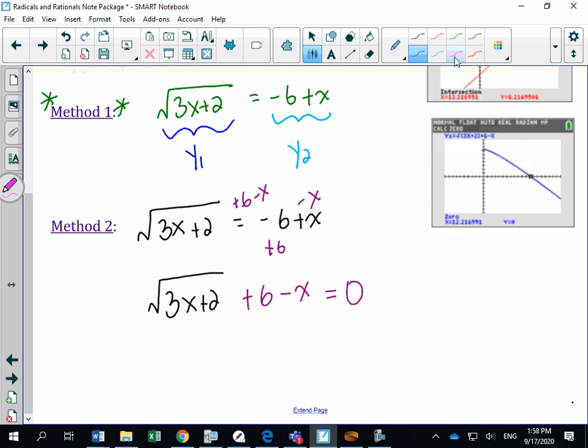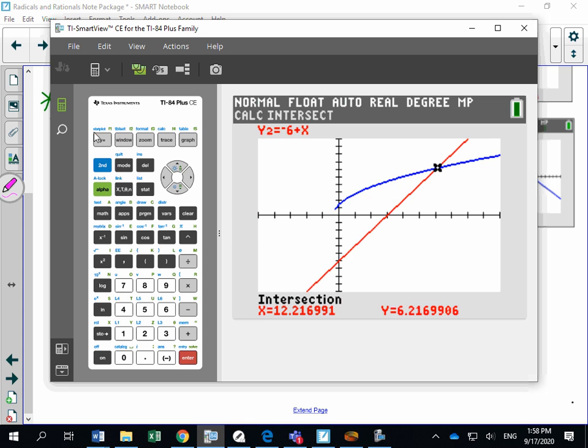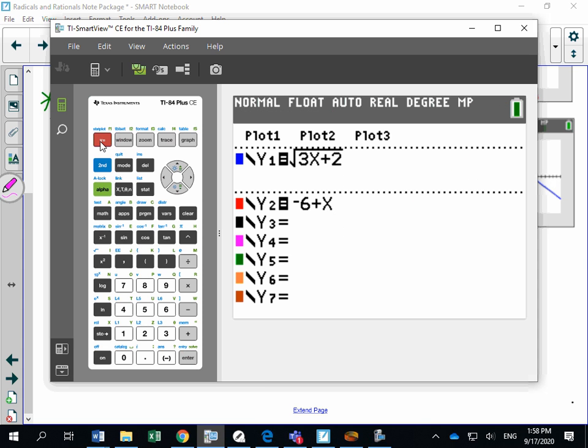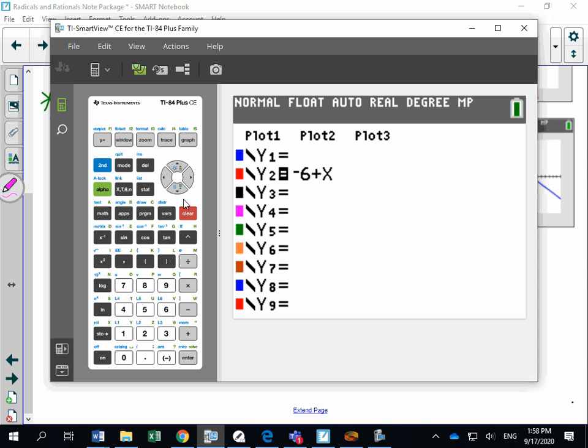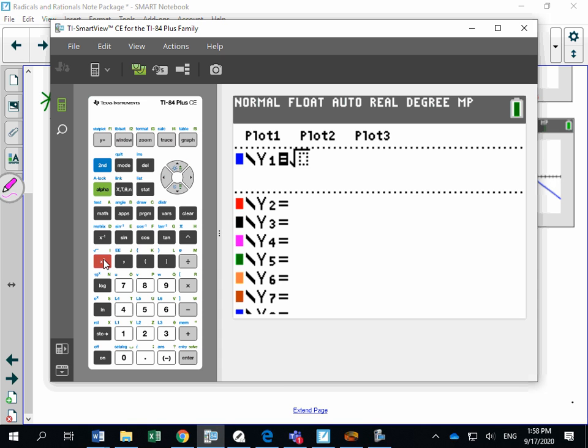Now on my calculator, I'm going to type this into y1, and let's see what we get as a solution. Going back to my calculator, I'm going to clear this and clear this. Let's type in the equation all brought to one side. So 3x plus 2. I always find it's easier to bring everything to the side where your radical already is.